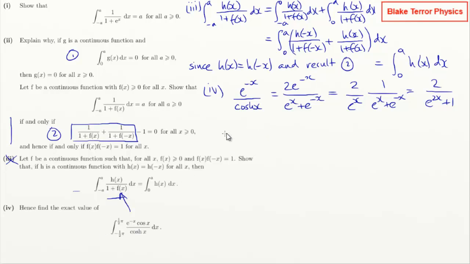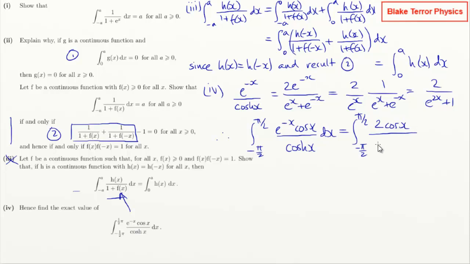So therefore I've got the integral from minus pi over 2 to pi over 2 of e to the minus x cos x over cosh x dx is going to be the integral from minus pi over 2 to pi over 2 of 2 cos x over e to the 2x plus 1 dx.